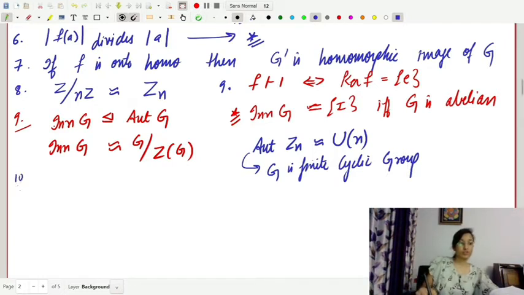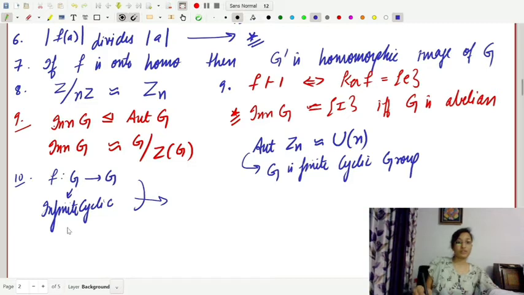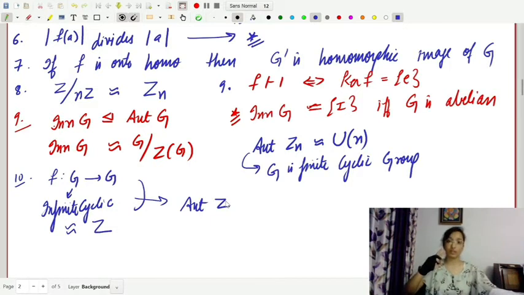Now the next property which we have is, if G is an infinite cyclic group, then since every infinite cyclic group is isomorphic to Z, therefore Aut of Z, and we have done that in integers, there are only two automorphisms, that is the identity and the negation map, is isomorphic to Z2.